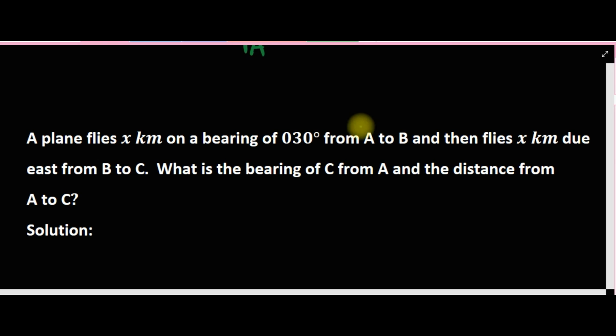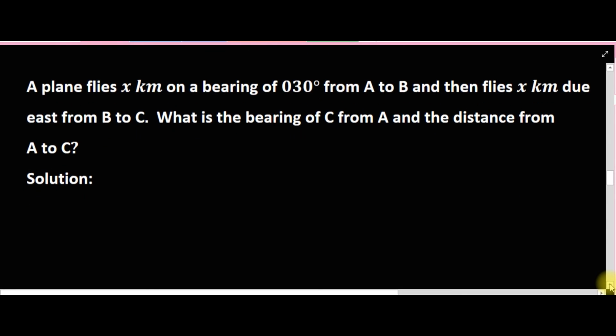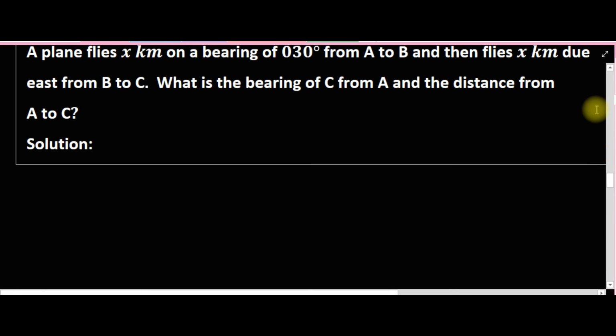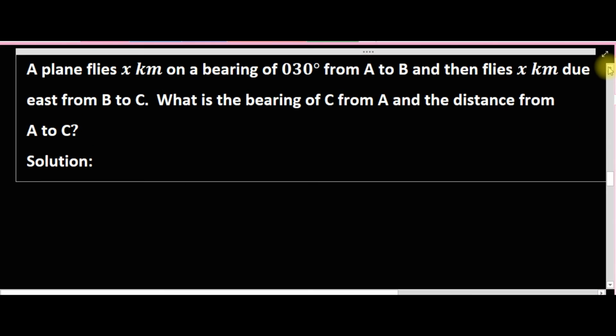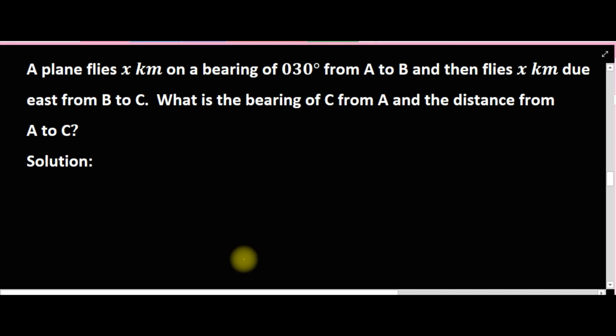A plane flies x kilometer on a bearing of 30 from A to B, and then flies x kilometer due east from B to C, and we ask what is the bearing of C from A and the distance from A to C. So we'll draw the diagram. The bearing from A to B: here is A, and they said the bearing is 30.